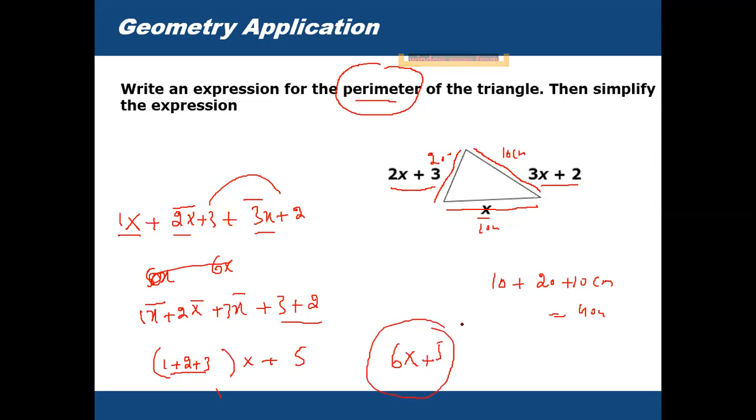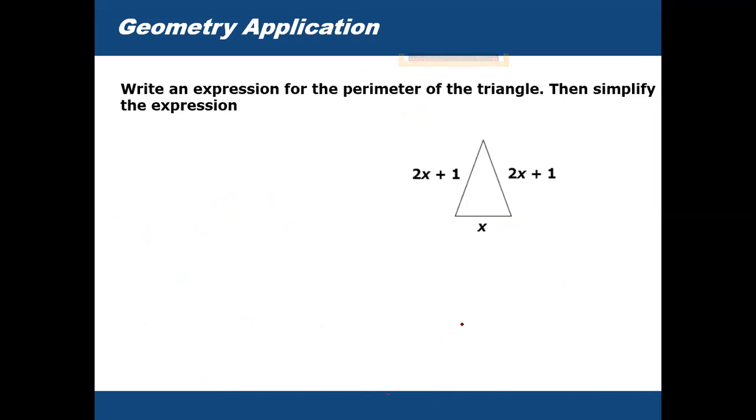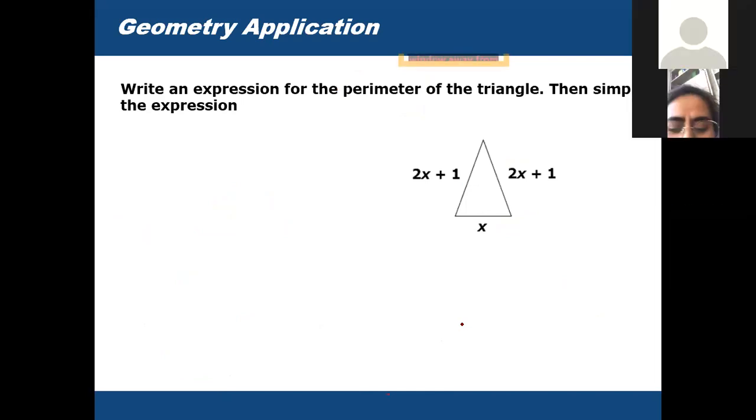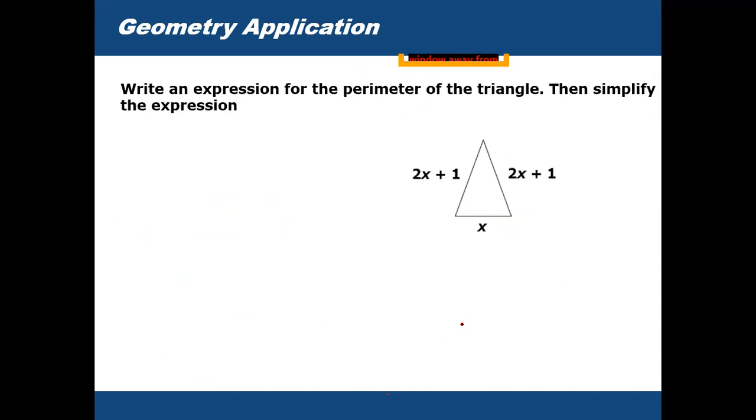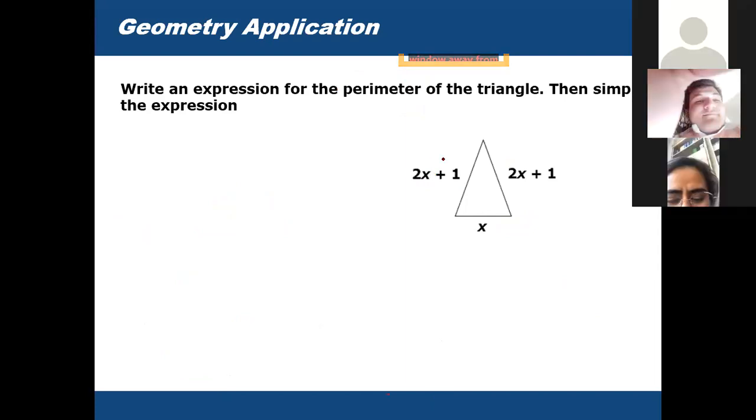Excellent. What will be the perimeter of this one? Simplify and tell me. 4x plus 2? No, 5x plus 2. Think about it, then tell me, Alia. Yes, 5x plus 2, correct.